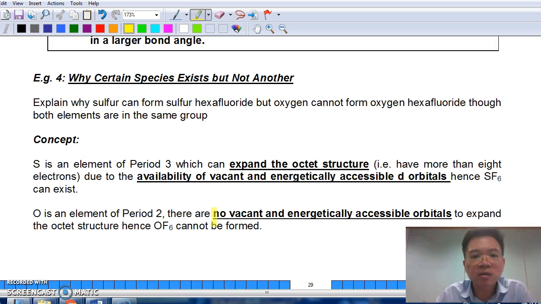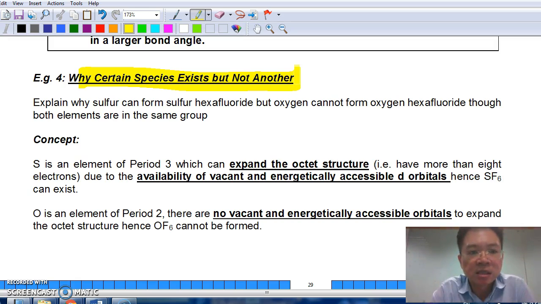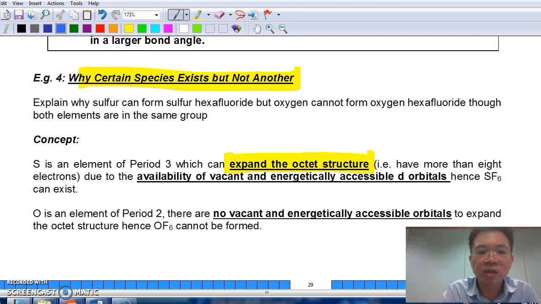Another special case. Why certain species exist and not others? This is a concept of the ability of period 3 onwards elements to expand their octet. We have two examples here.